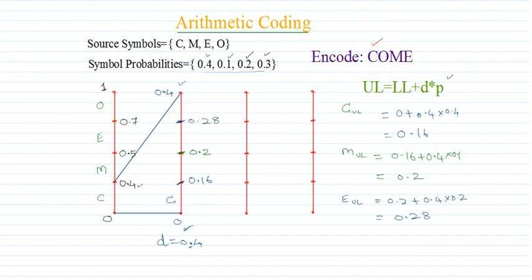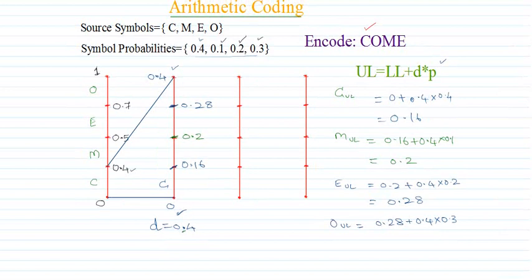By default, if you perform these calculations for O, you will get 0.4 as the upper limit. Let us do that. For O, the upper limit is the lower limit 0.28 plus D, which is 0.4, into the probability of O, which is 0.3. That gives you 0.4. That's already there.